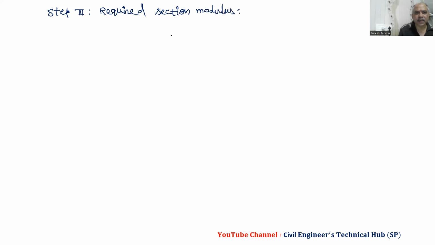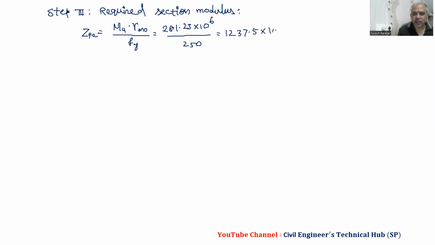We have Zp required equal to Mu into gamma m0 upon fy, equal to 281.25 into 10 raised to 6 upon 250, and the required value is 1237.5 into 10 raised to 3 millimeter cube.